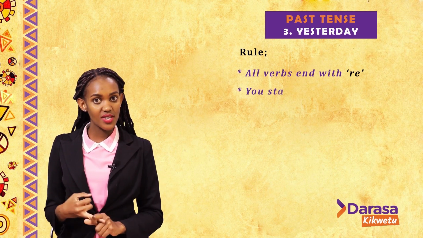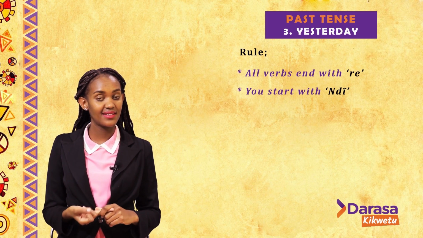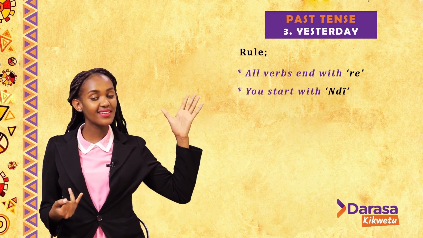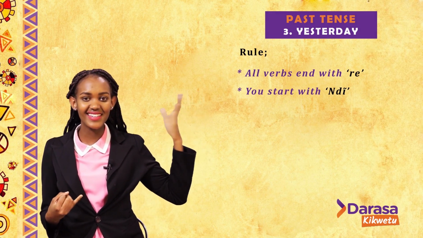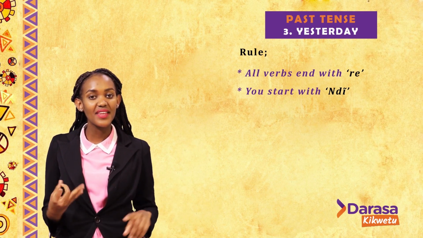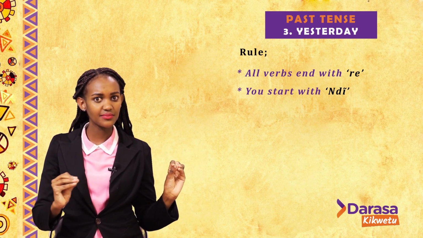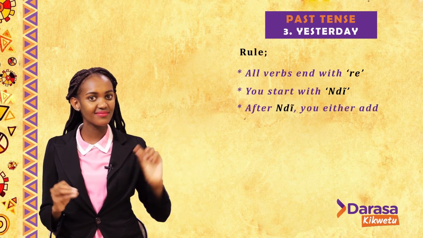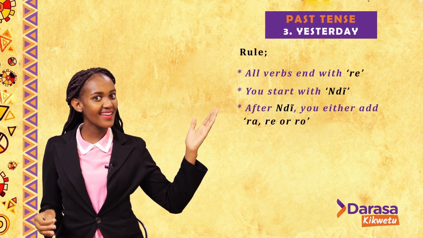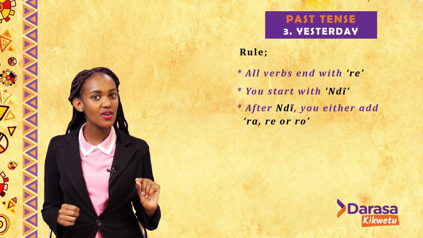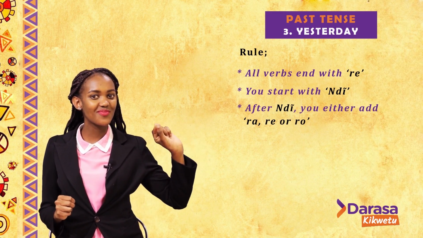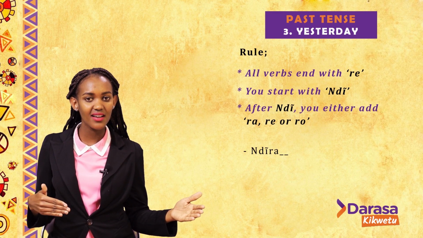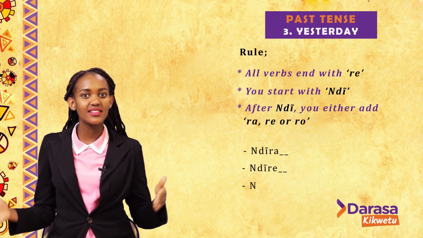You start with nda, and then after nda, you either add ra, re, or ro. So dera, dere, dero.